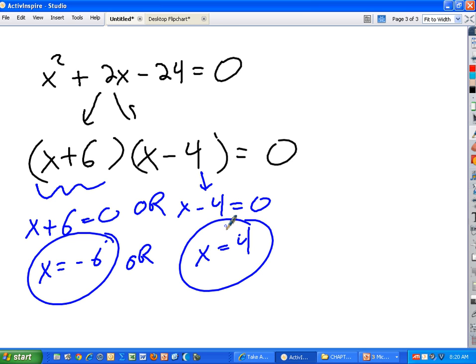What do you know? It's 0. What if I put in -6? What's -6 squared? 36. Plus 2 times -6, what's that? Does that work? 36 minus 12 minus 24? Of course it does. So those are the two values.